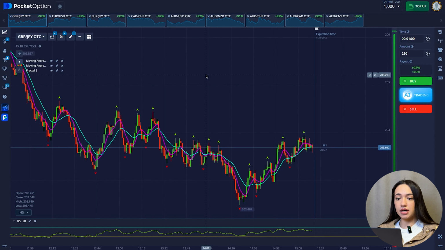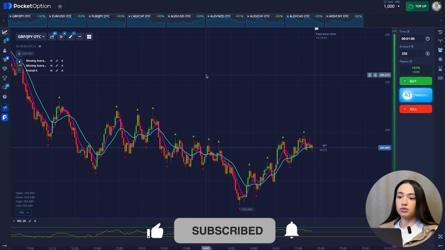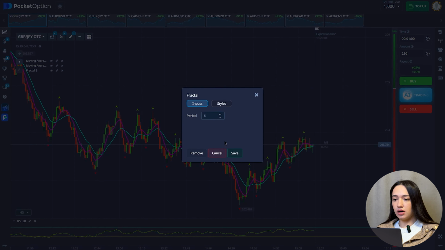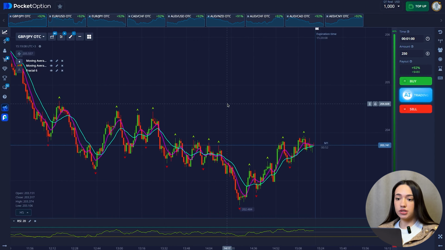All right, let's get started with trading, guys. Let's begin our tutorial, and I will start with the most basic thing, the indicator setup. Well, let's begin with the fractal. We'll use it with a period of 6, and we need it in order to analyze and track updates of structural touch points in a trend or in any type of price movement.